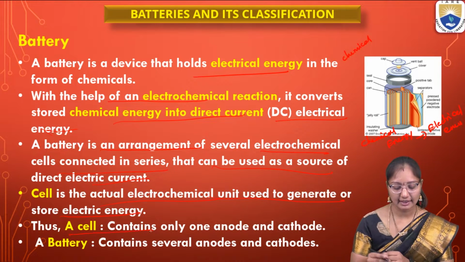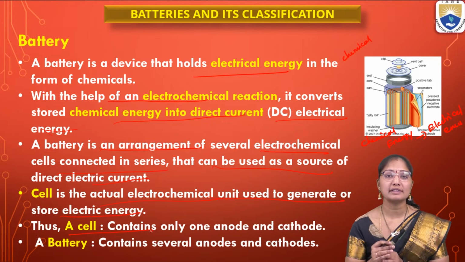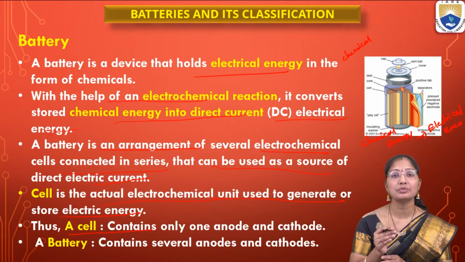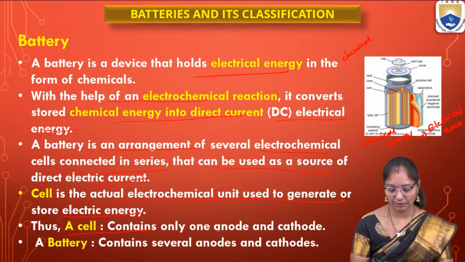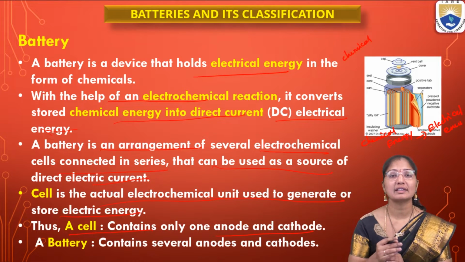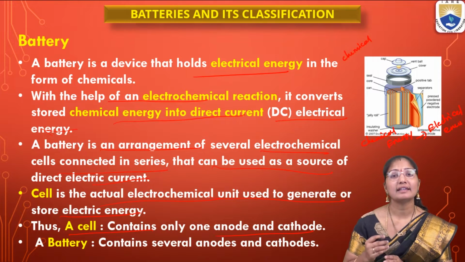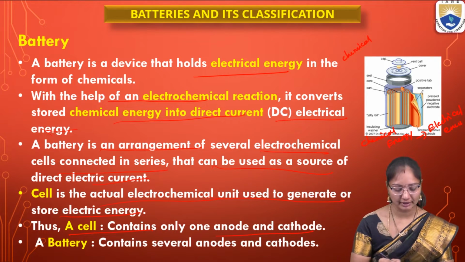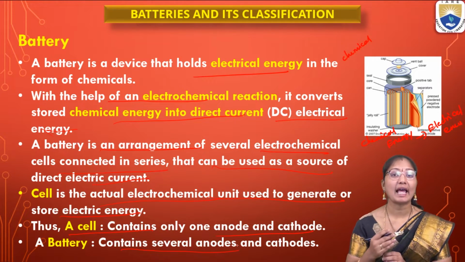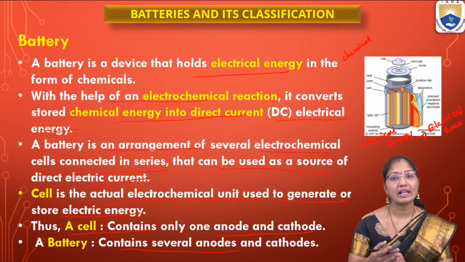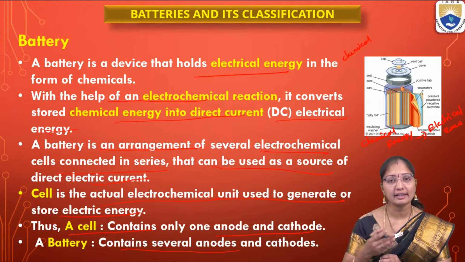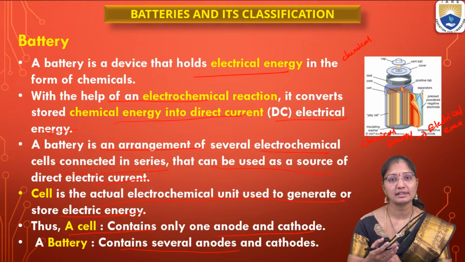An electrochemical cell contains one anode and one cathode. So the battery contains several anodes and cathodes, means several electrochemical units.